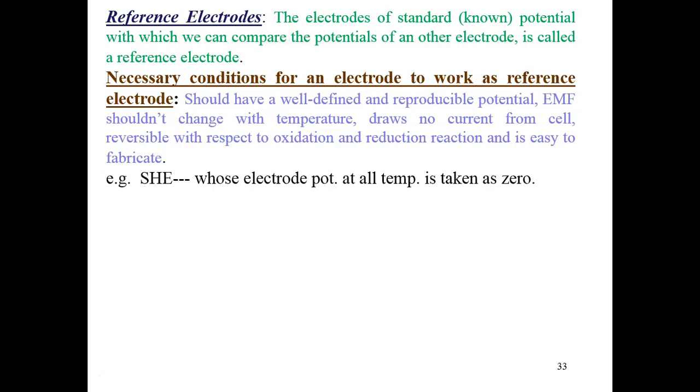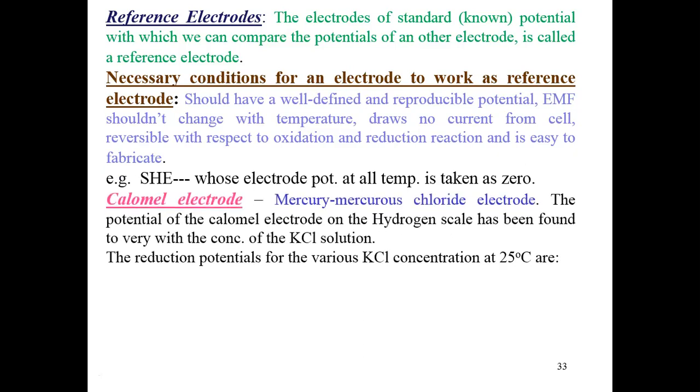For example, one of the best is the standard hydrogen electrode, which is used to calibrate the electrochemical series. But since hydrogen is involved, which is explosive, nowadays we don't use it. We use the saturated calomel electrode or silver chloride as a reference electrode.